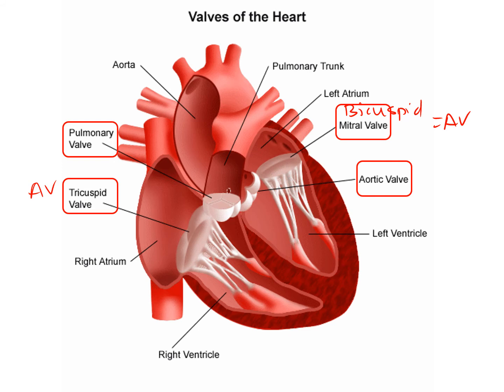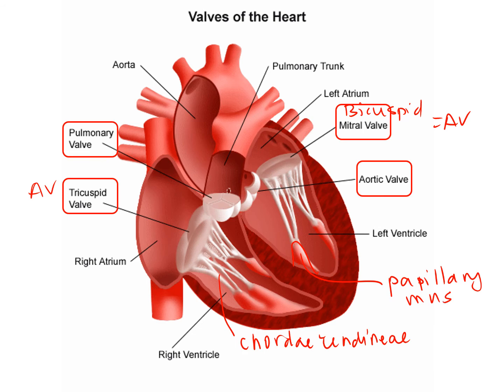Okay, so we have 2 of these valves. They are anchored by heartstrings known as chordae tendineae. So you can see right here some of these heartstrings. And they are anchored to papillary muscles, which look like little fingertip extensions in the ventricles. So imagine this.